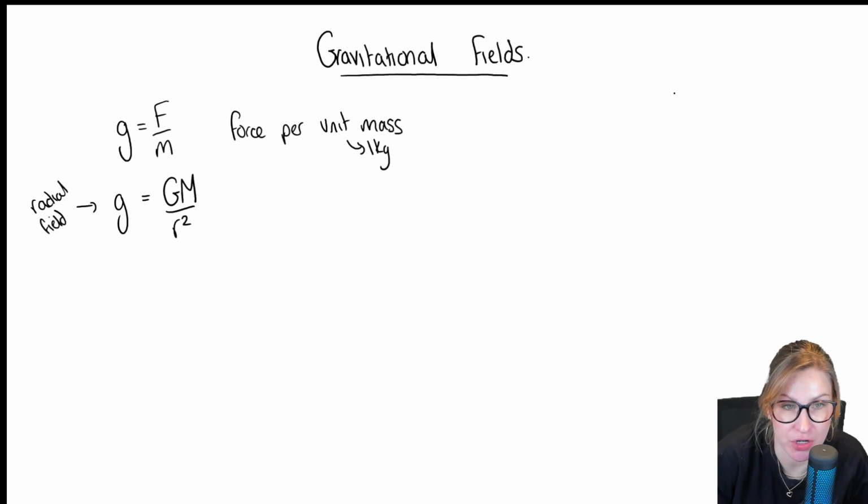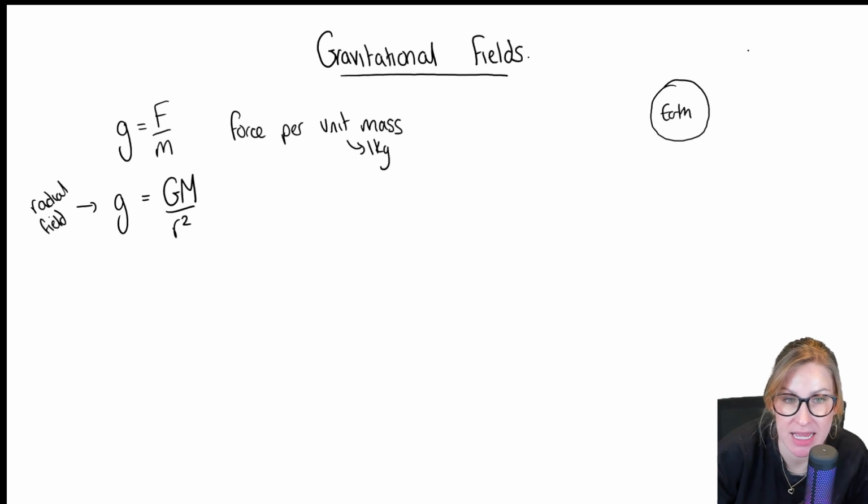Okay, so we have the Earth. We know the Earth is spherical, and because it's got a mass, anything with another mass, so let's say we've got a point mass of 1 kilogram, we know that gravitational fields are always attractive. That means that 1 kilogram mass is going to get pulled towards the center of the Earth.